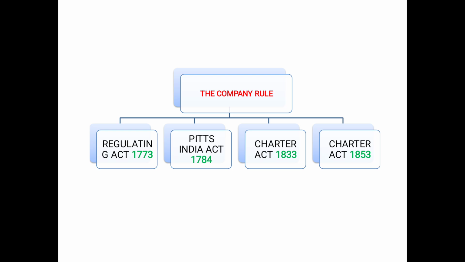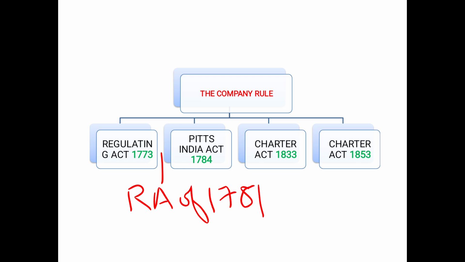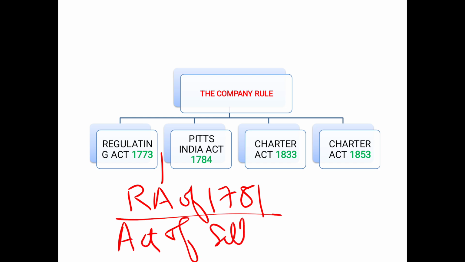But before that, I want to tell you that the company rule has many acts and amendments. Among them, the first is the Regulating Act of 1773. Then came one more Regulating Act, that of 1781, which is also known as the Act of Settlement.